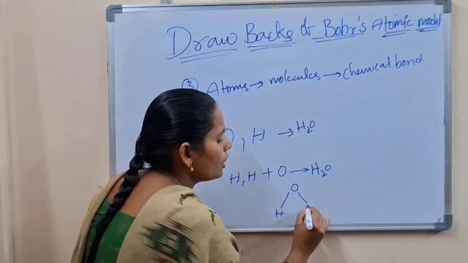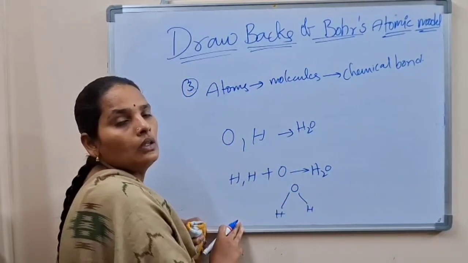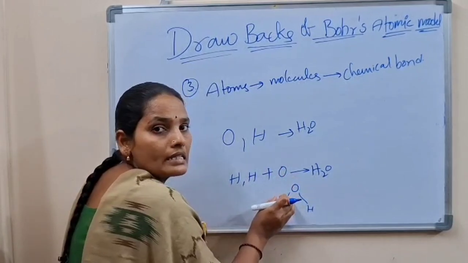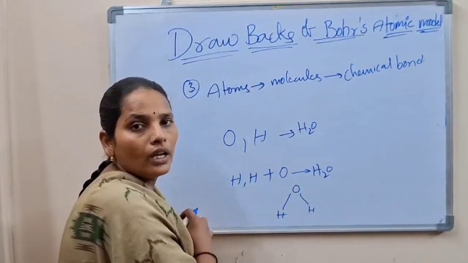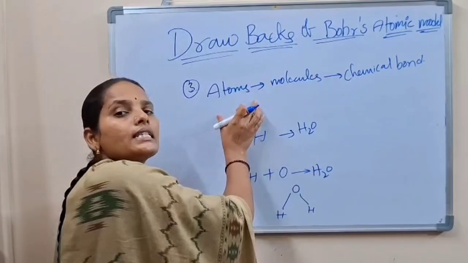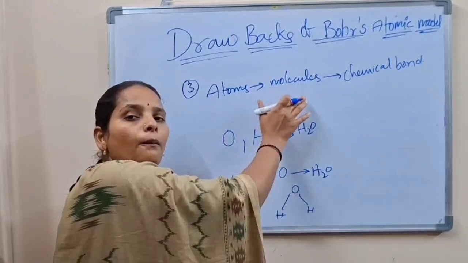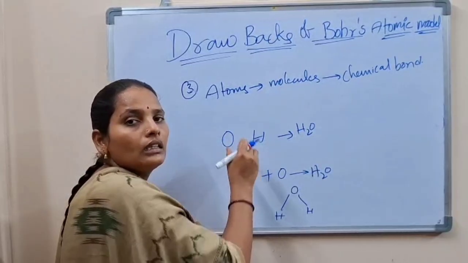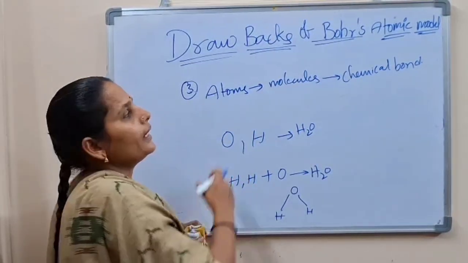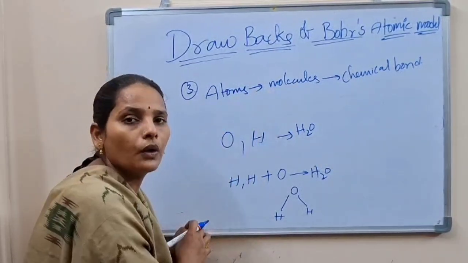This bonding of the water molecule is not explained by Niels Bohr in his atomic model. The third point is that atoms combine to form molecules by chemical bonding, and that is not explained by Bohr.